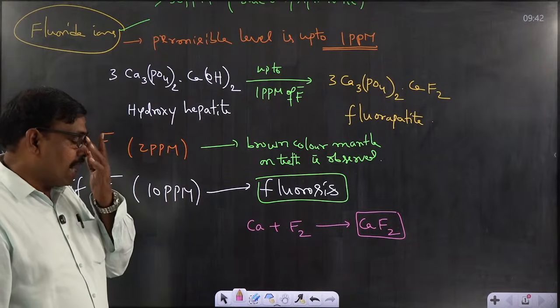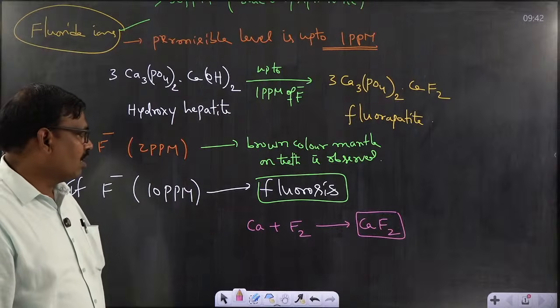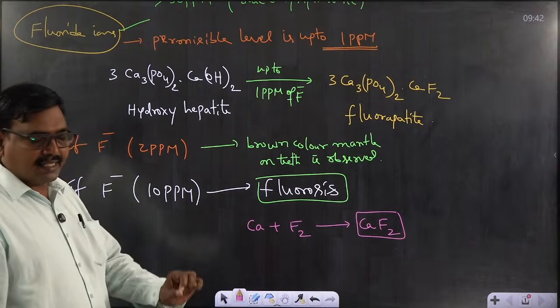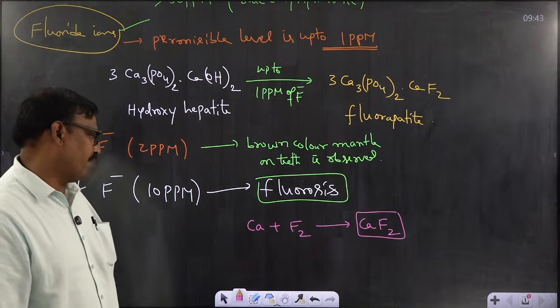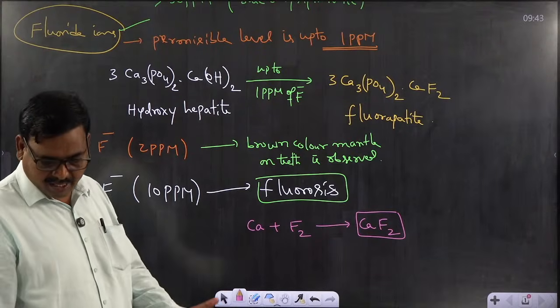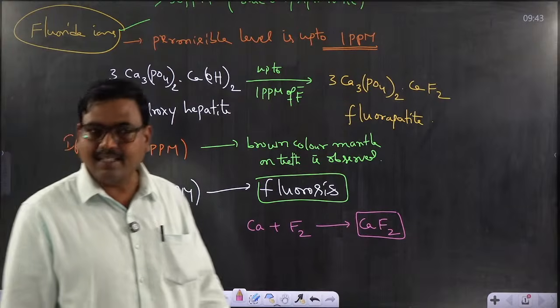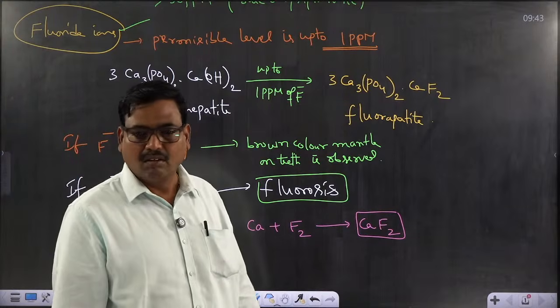So when a person is attacked by fluorosis, a 16 year old person will appear as a 60 year old man. We know the difference between a 16 year old and a 60 year old.